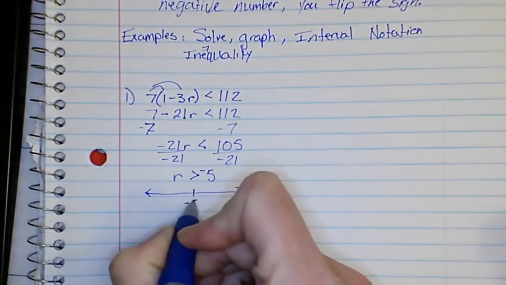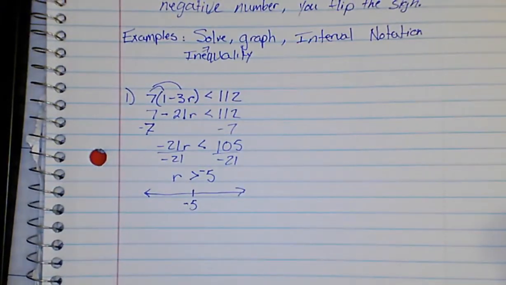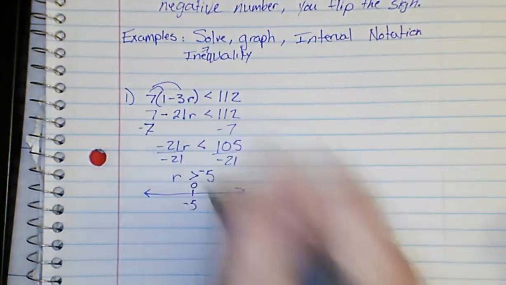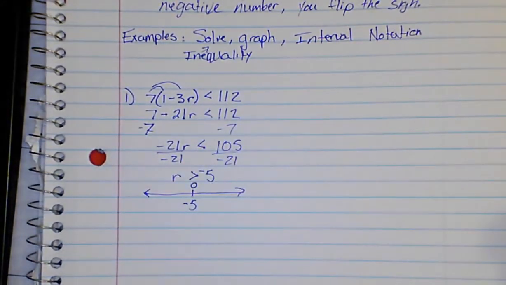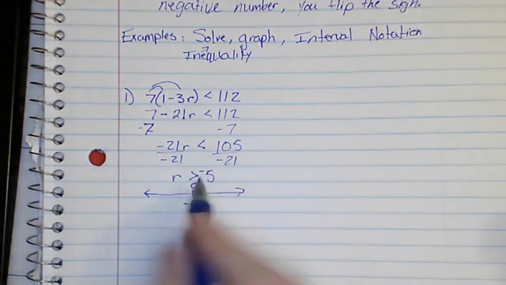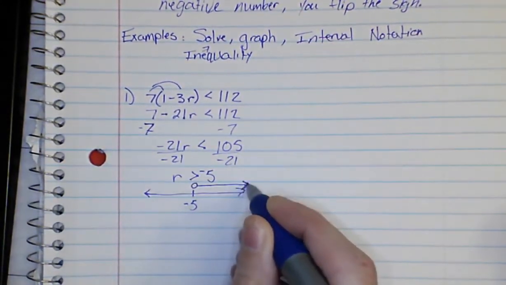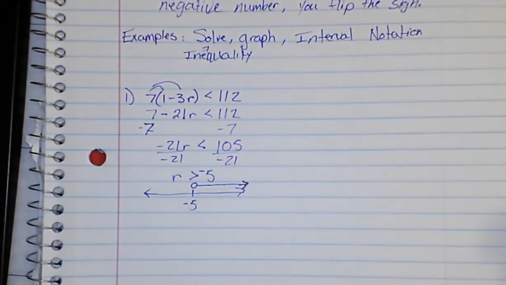And how I graph, I just place a number line with the target number, which is negative 5. This will be open circle since it is strictly greater than, and it's not equal to, and we need all values greater than negative 5, so everything that is greater than negative 5 will be to the right.